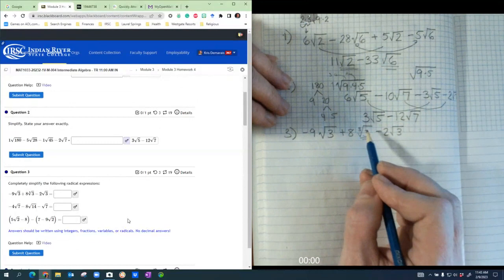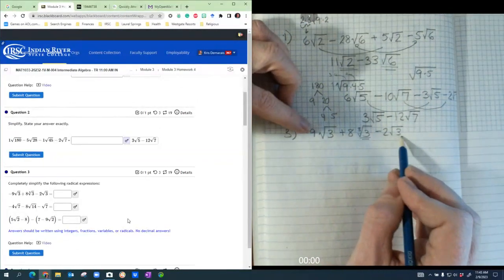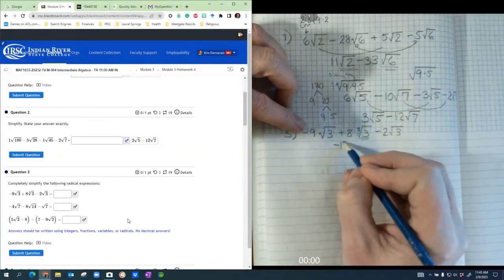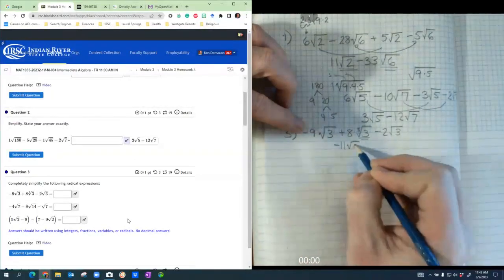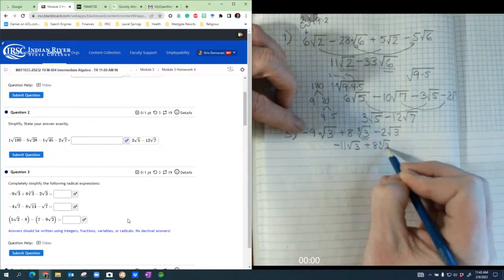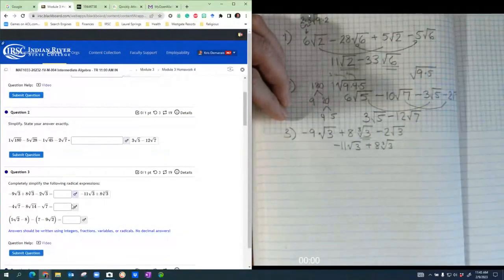So since the indexes are not the same, we do not touch this one with these two. But these have the same index and the same number, therefore negative 9 minus 2 is negative 11 radical 3, and then plus 8 third root of 3. And we do not bring those together.